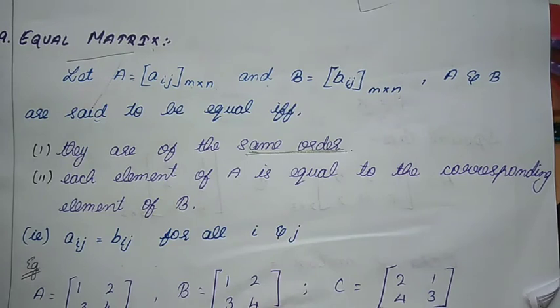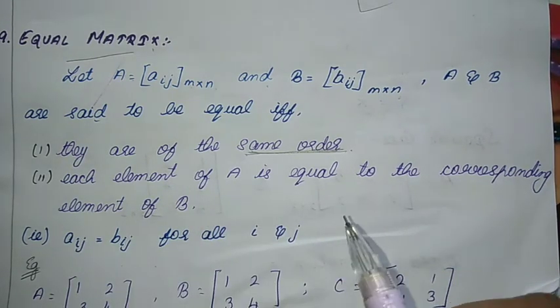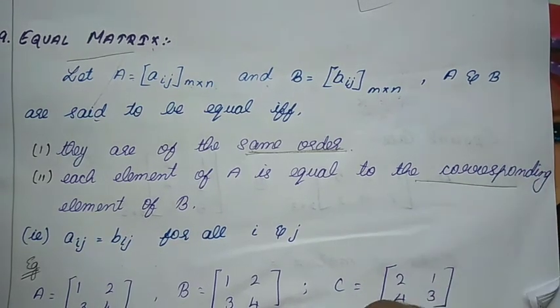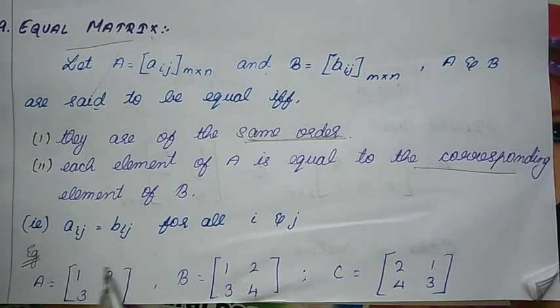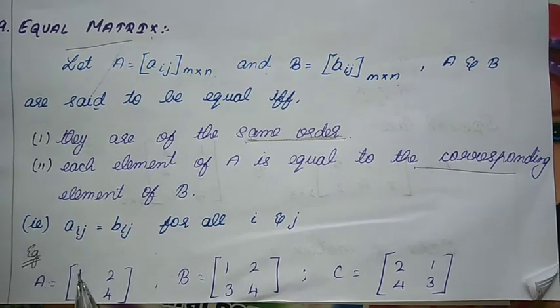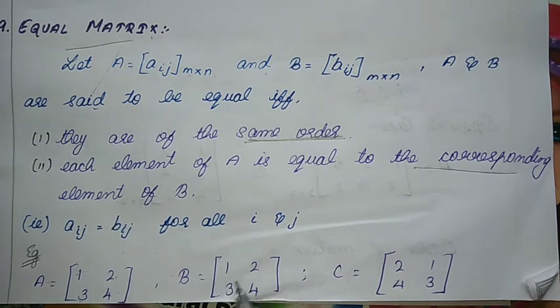That should be the same. And each element of A is equal to the corresponding element of B, that is aij is equal to bij for all i and j. I will teach you with an example. Consider this matrix A and B. Here I have 1, 2, 3, 4. Here also I have 1, 2, 3, 4.